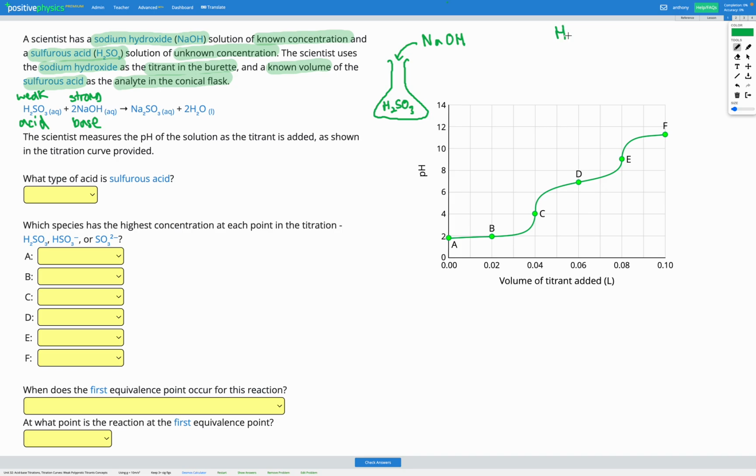We have H2SO3, which when fully dissociated would form two H plus ions and an SO3 2 minus ion. And the way that this actually works is that our H2SO3 first splits up into H plus and HSO3 minus, and then that HSO3 minus then splits up into H plus and SO3 2 minus.